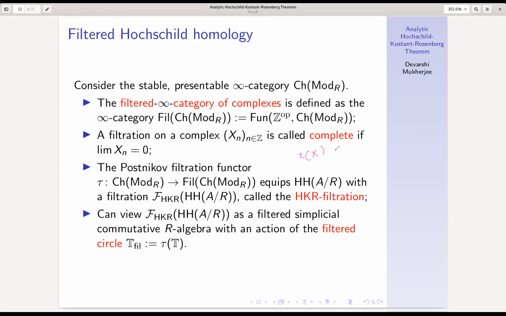If you take some chain complex X, then this is given by tau_n X, where each tau_n X is a complex.